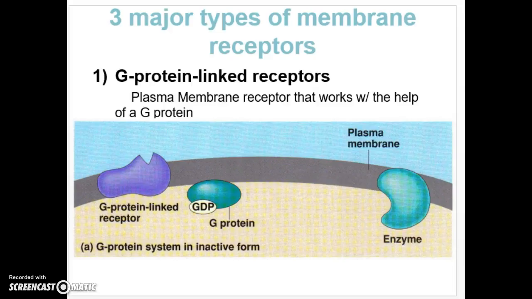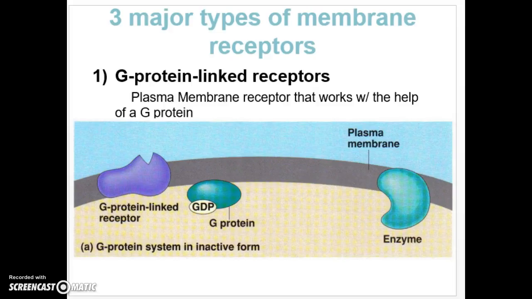The first one we'll look at is a G protein linked receptor. And this is found on the plasma membrane. And there's a receptor site, like I've been describing, that's looking for a specific ligand. And so in this picture, it's the purple molecule that you see here. These types of receptors are very, very common in the human organism.